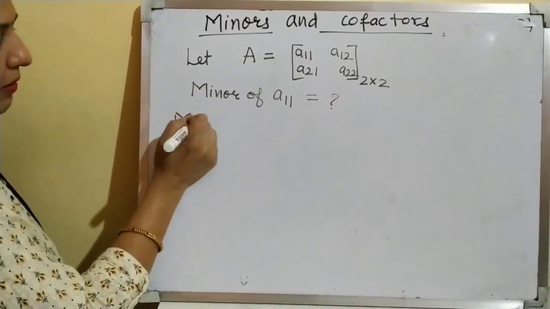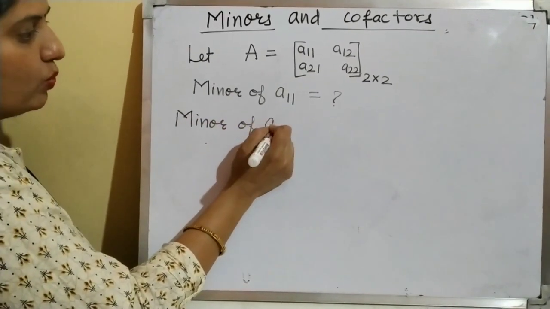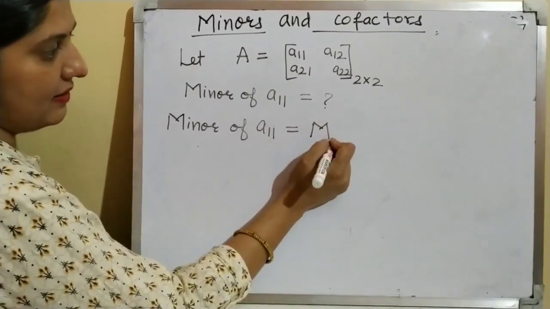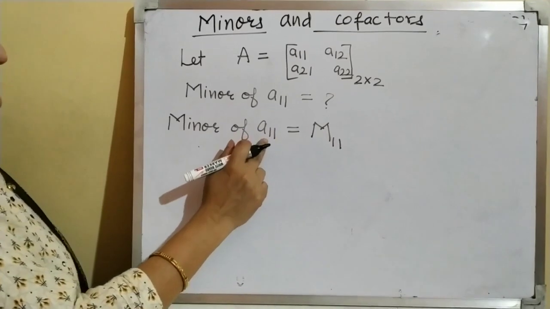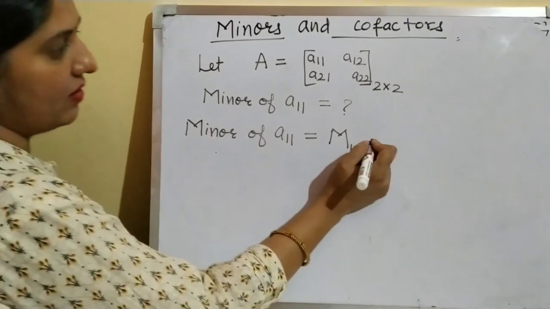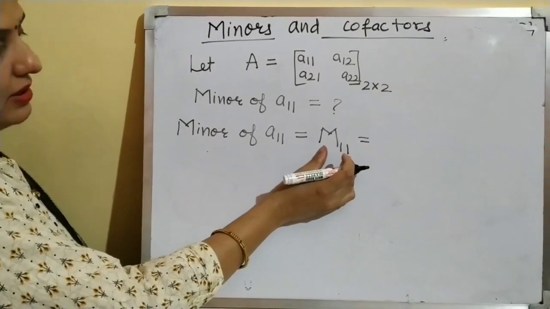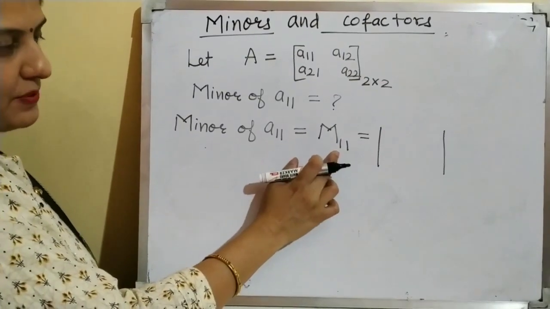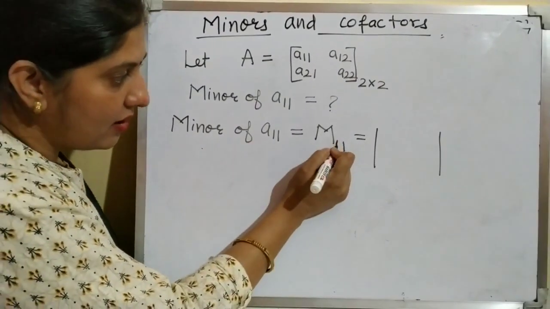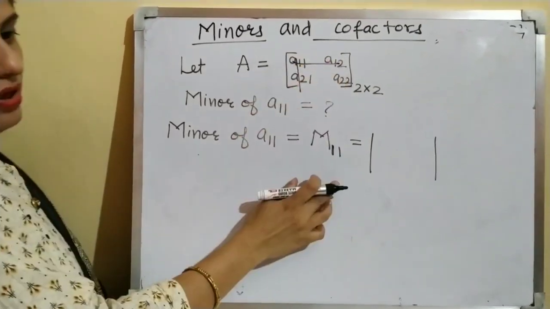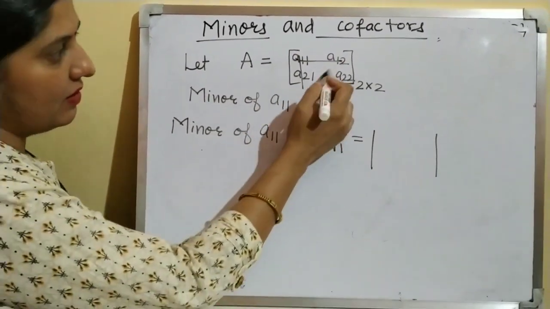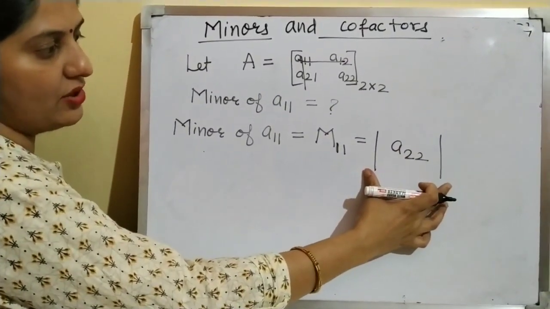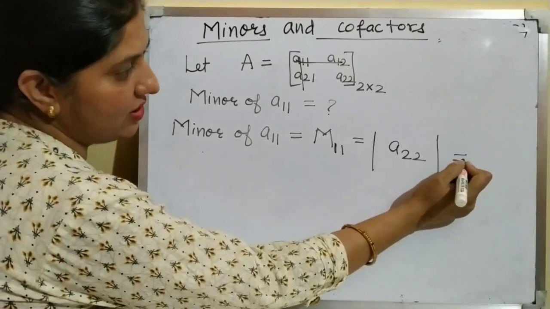We know that the minor of A11 is denoted by capital M11, with the same subscript as the given element. The minor of an element is the determinant of the submatrix obtained by deleting the first row and first column. We get A22. The determinant of this matrix is A22.